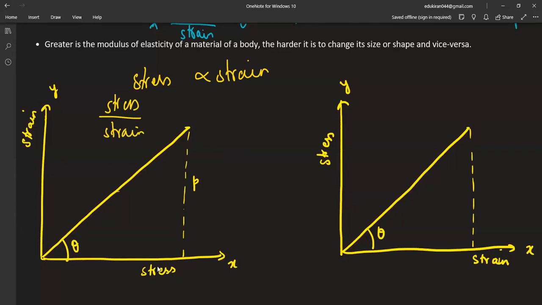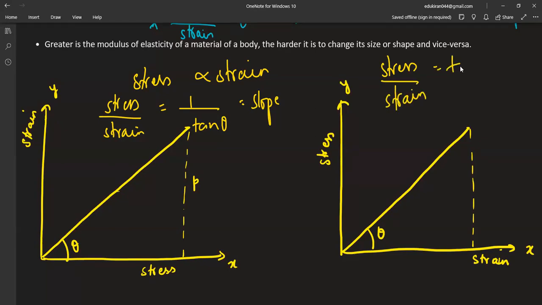This will give you 1 over tan theta. Look, stress is here, strain is the perpendicular. So this is the slope of the strain versus stress graph. If you have a stress versus strain graph, then it's easier. Here, stress by strain is equal to tan theta, which is equal to the slope of the graph.